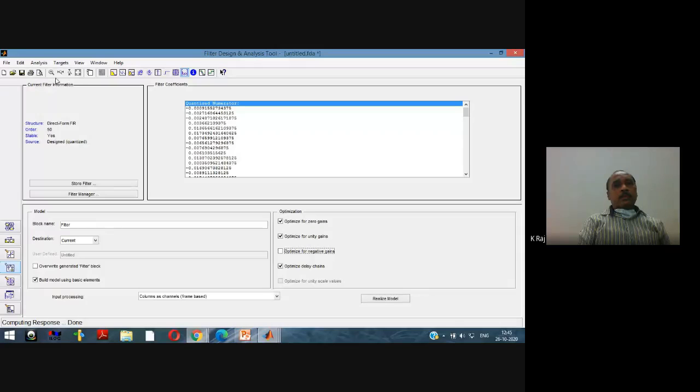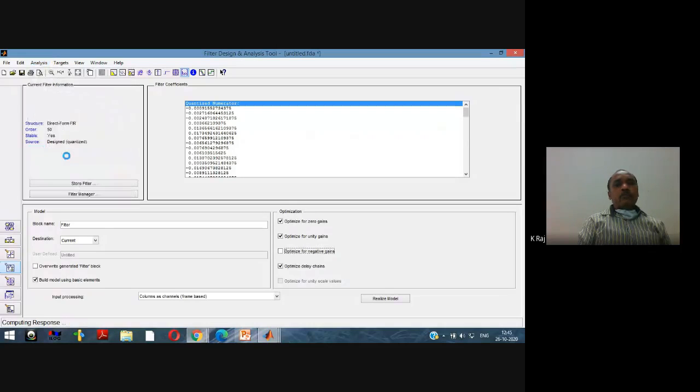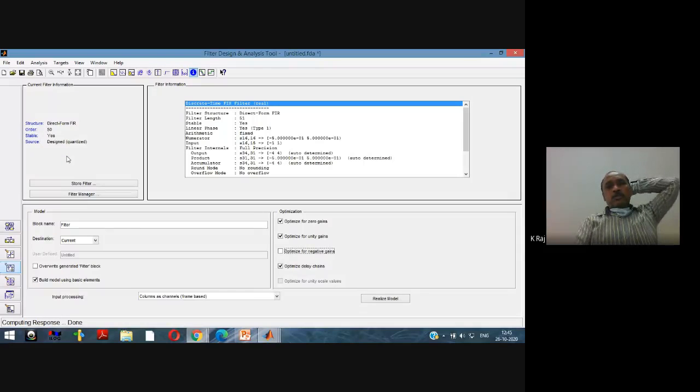The filter information is this: the filter structure is direct form FIR, the filter length is 51, order is 50, stable yes, linear phase yes. Among the linear phase there are 4 categories, type 1, 2, 3 and 4, and this is type 1. These are the different values which are given here.